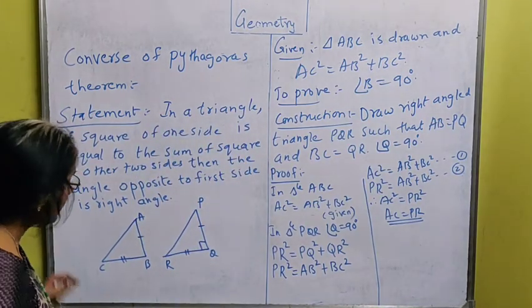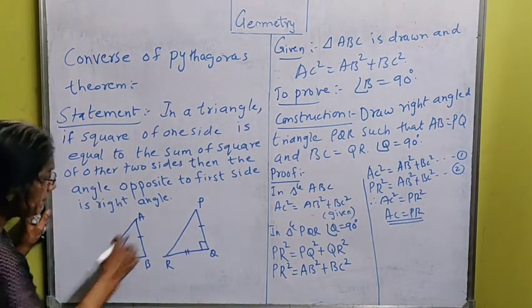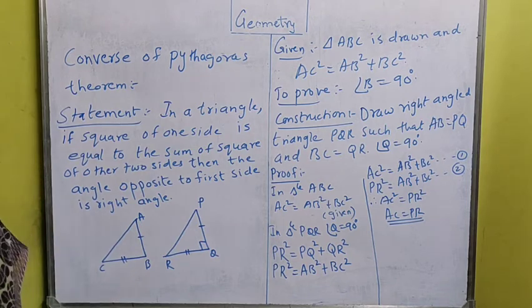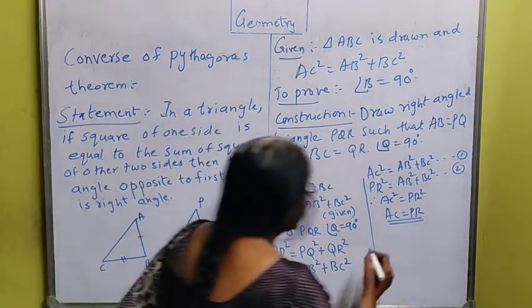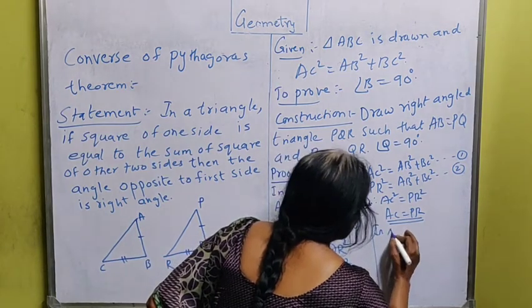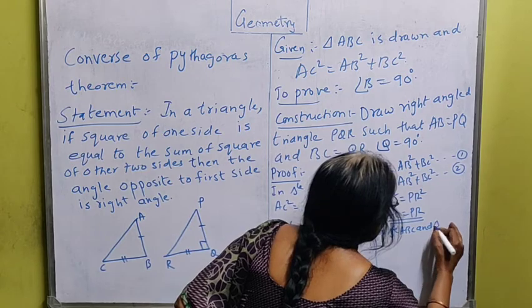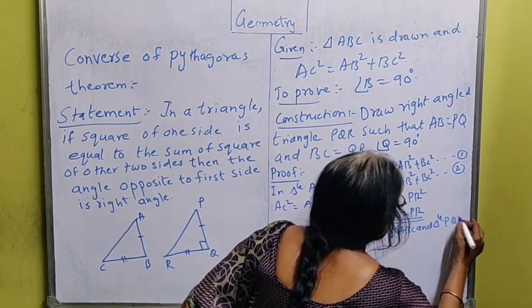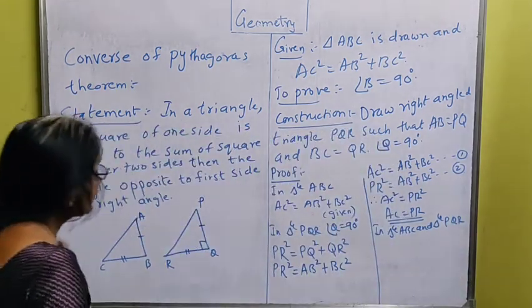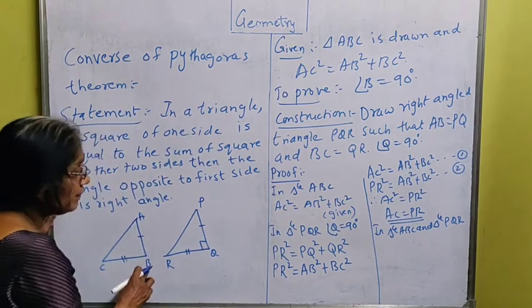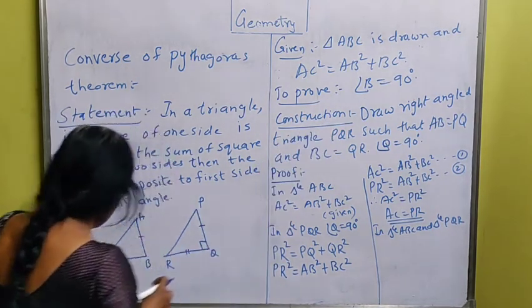Now we will show that ABC and PQR are congruent triangles. So what will we write? In triangle ABC and triangle PQR, we can see PQ is equal to AB, by construction.